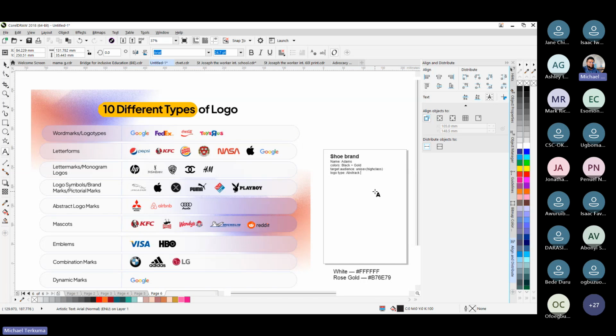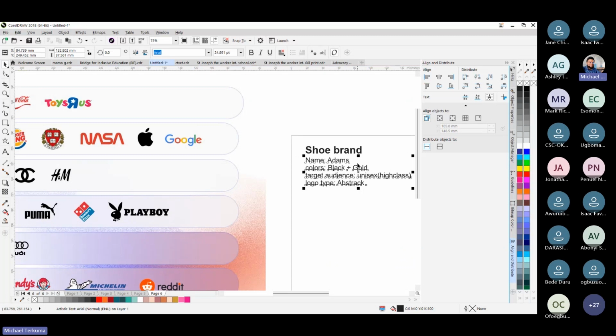Okay. So we want a letter mark. I wanted to take into consideration the other person who said Adam sounds like a male name and we are dealing with unisex, right? Some may argue and some may agree.